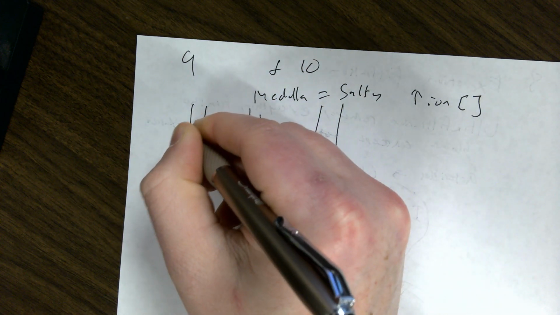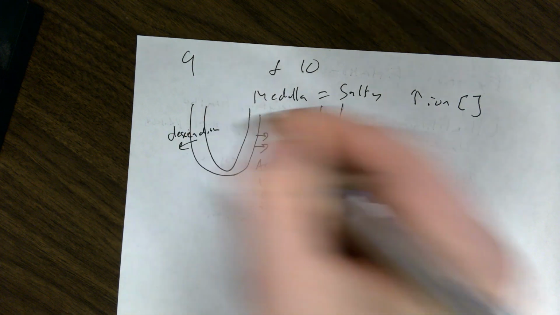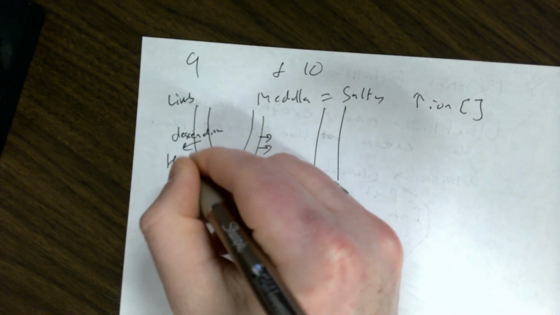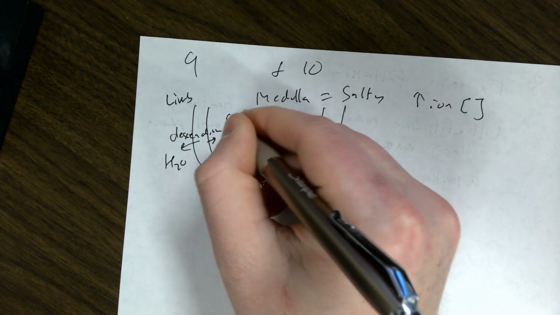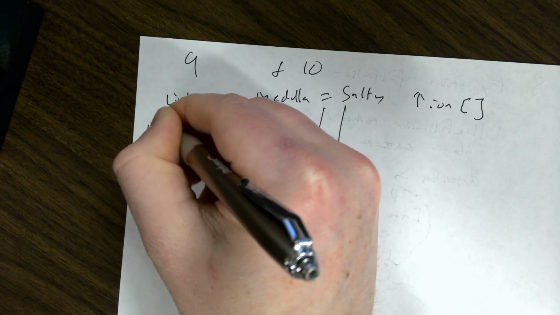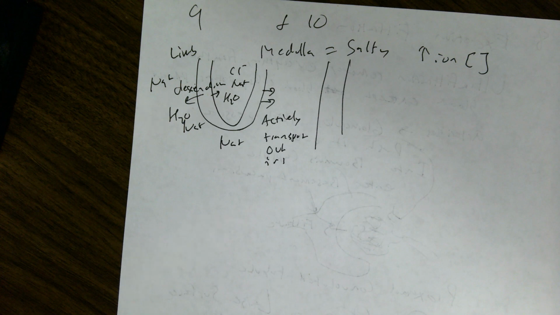And the descending limb is permeable to water, and so the water can exit. Because it's super salty in the medulla, that will cause water to exit, and so you'll get even more water back.